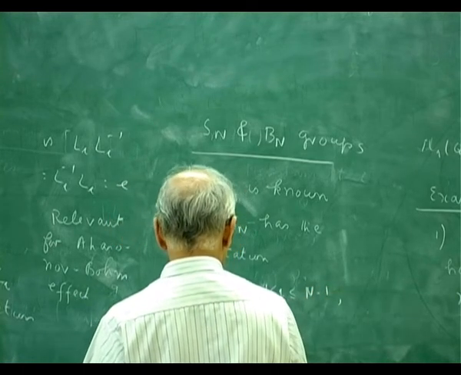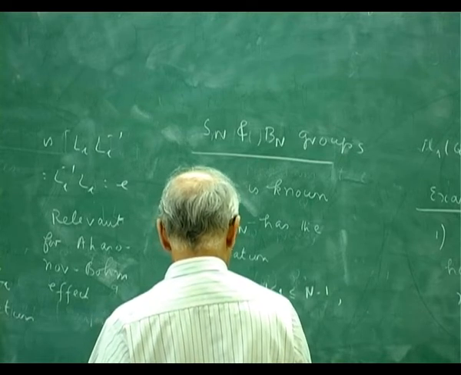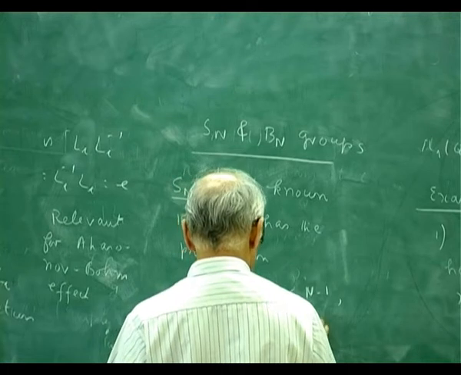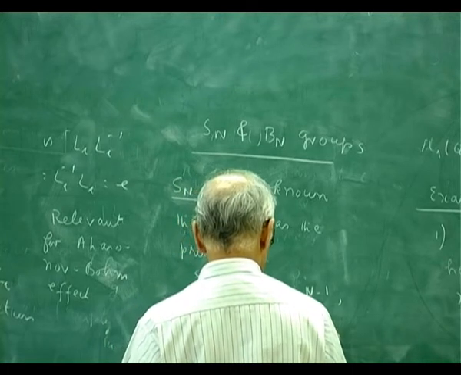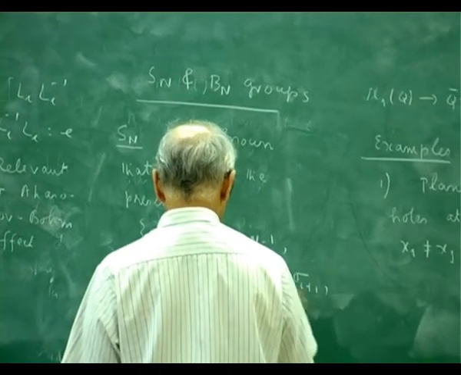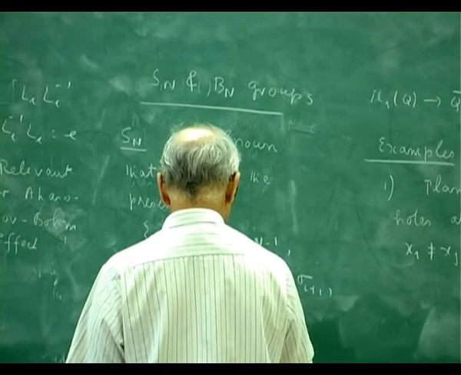Then the relations: sigma_i sigma_{i+1} sigma_i equals sigma_{i+1} sigma_i sigma_{i+1}, and sigma_i squared is the identity.